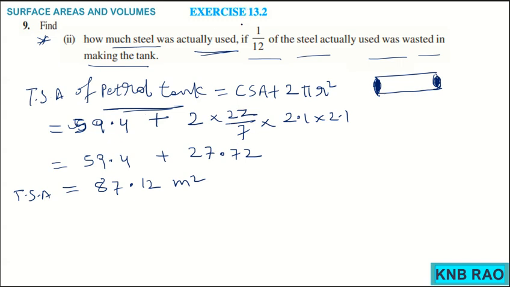Now we will come to this if condition. See how much steel actually used if you want to find out. Here something is getting wasted. Let us assume, here I am doing separate portion.